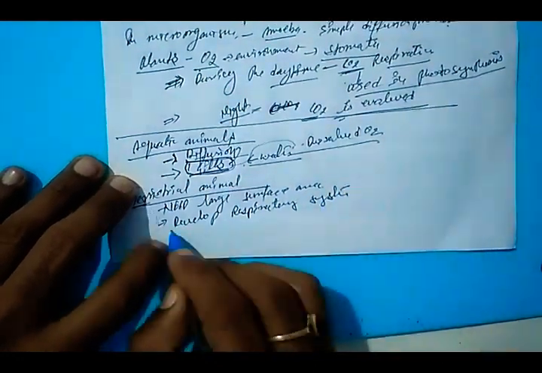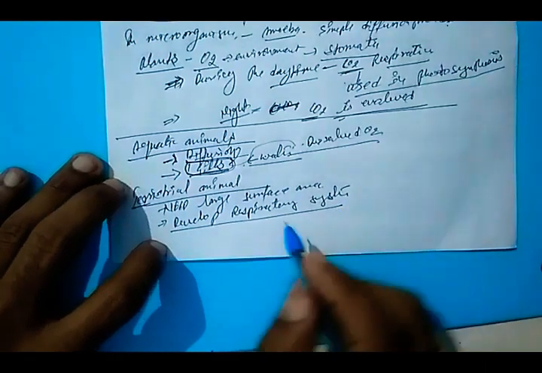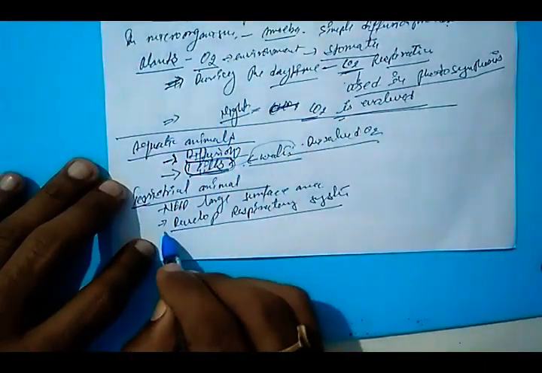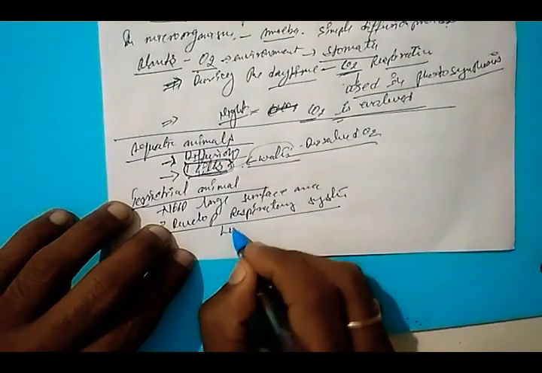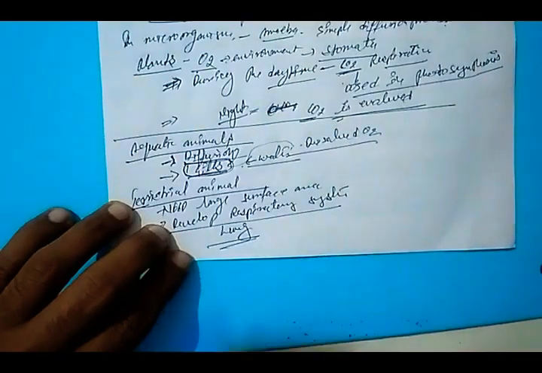These respiratory systems, specifically in higher animals like humans, include lungs and some other organs.